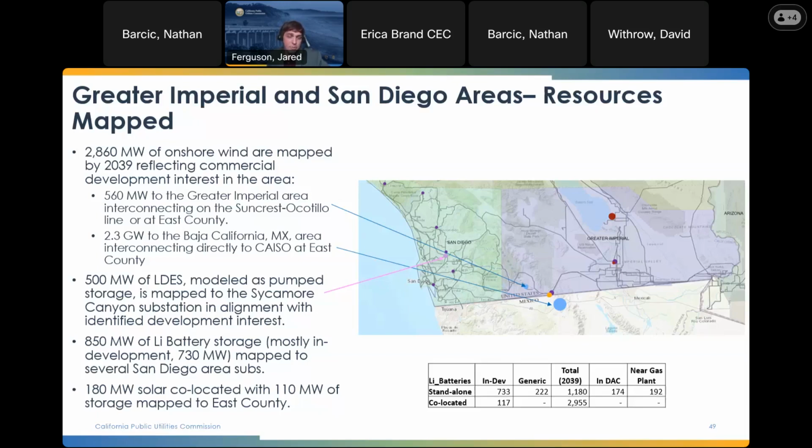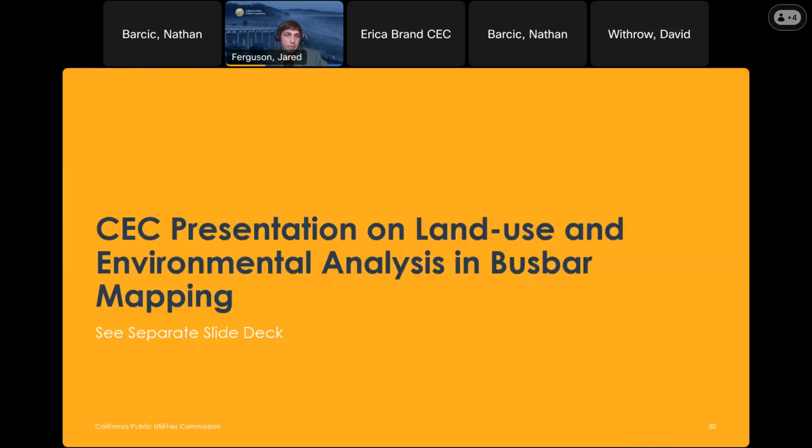We have about 500 megawatts of in-state wind in the greater Imperial area and San Diego area on the California side of the border as well. We also have about 500 megawatts of long duration energy storage mapped to the Sycamore Canyon substation in the SDG&E area. And then we have about 850 megawatts of battery storage mapped to the San Diego area.